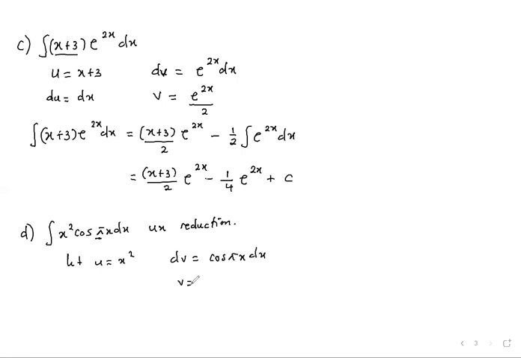So v is going to be sin pi x over pi, and then du will be 2x dx. So we'll do the integration twice. This one I know I can talk less because we did the reduction of it.